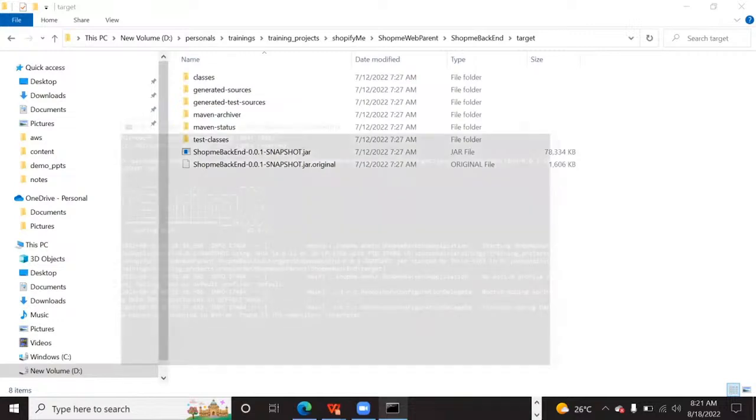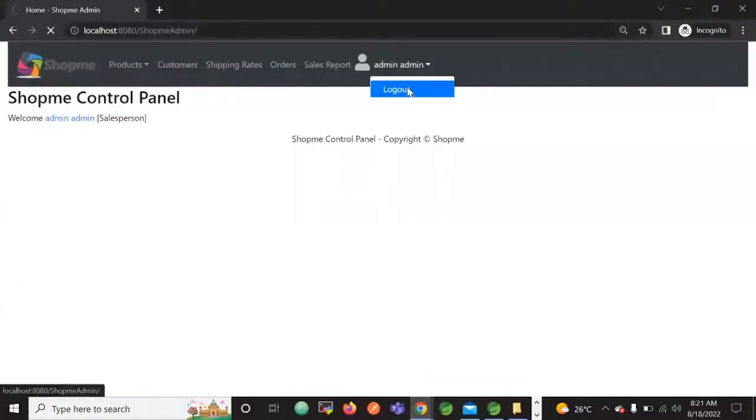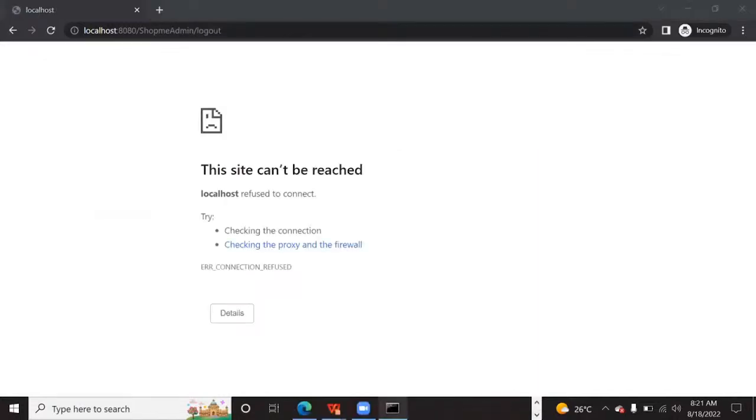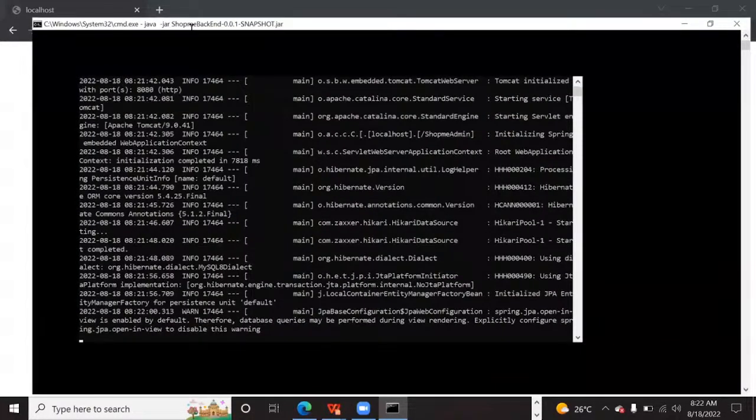Yes, the application seems to have started on port number 8080. Let me log out and then log in as a super admin user. I will showcase what the meaning of application is, because I will use the word application every time. Application is nothing but your Google, Gmail, or Facebook application, like that.